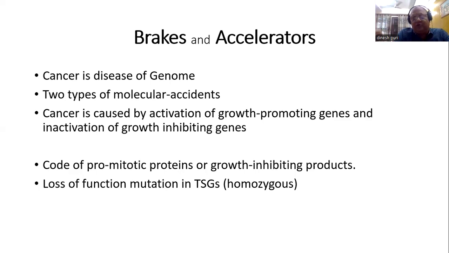To drive the cell to malignancy, either activation of growth promoting genes, the proto-oncogene to oncogene activation, a full video was earlier made where I tried to explain this complex topic. Second, inhibition of growth inhibiting genes.